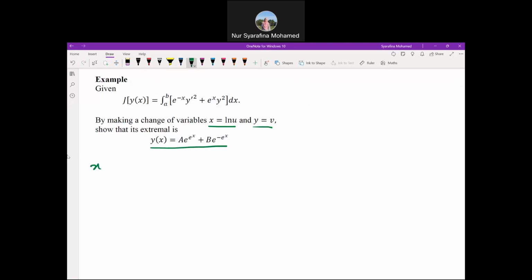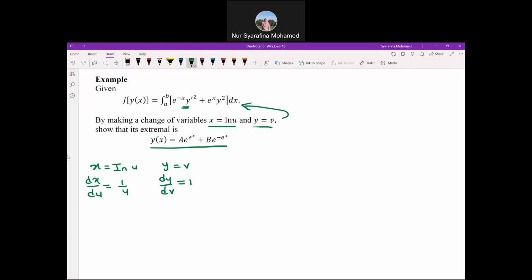Given x equals ln u, then dx/du equals 1 over u. And y equals v, so dy/dv equals 1. Why do we have to differentiate? Because we want to map with the original functional, which involves y prime.